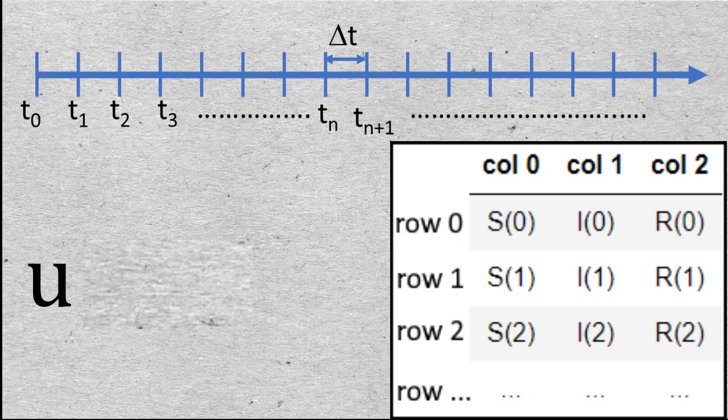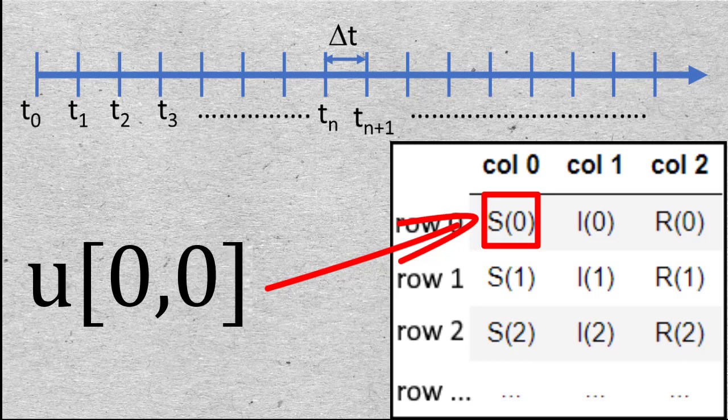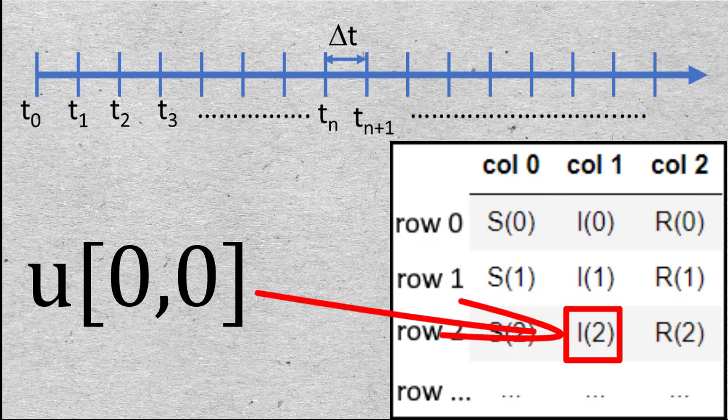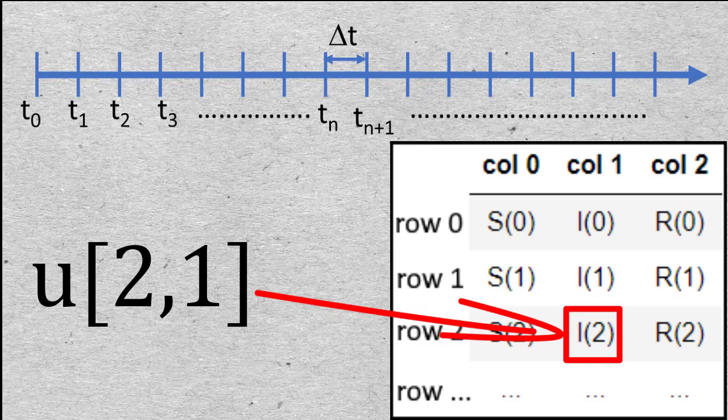For example, the value of S at time point 0 is referenced by U brackets enclosing the row number 0 as the first index, comma, and the column number 0 as the second index. As a second example, the infecteds at time point 2 is referenced by U[2, 1].